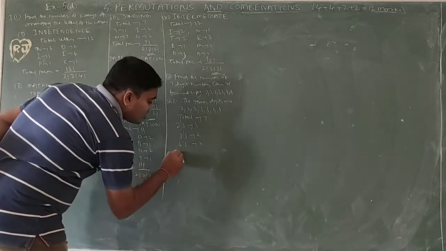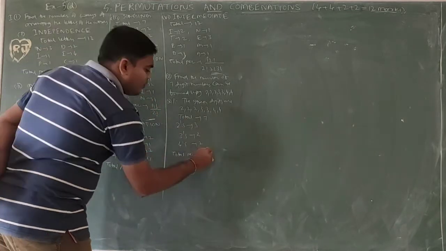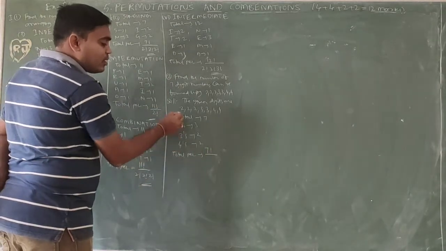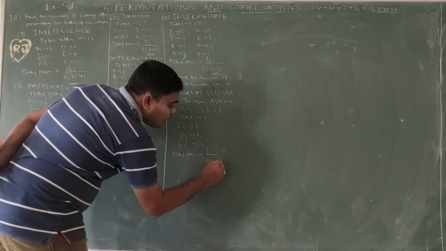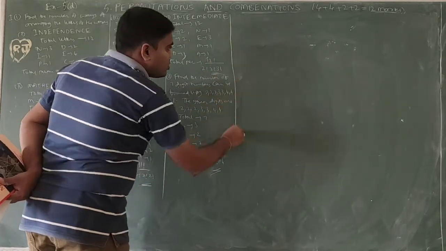So total permutations equal to 7 factorial by, we need to write how many times these came: 3 factorial, 2 factorial, 2 factorial. So this is the required solution.